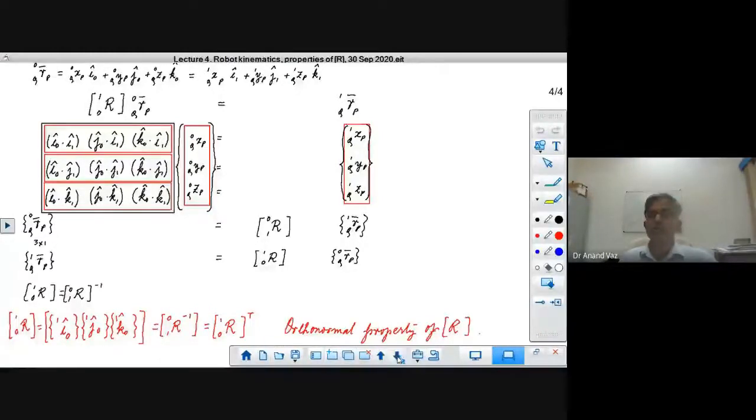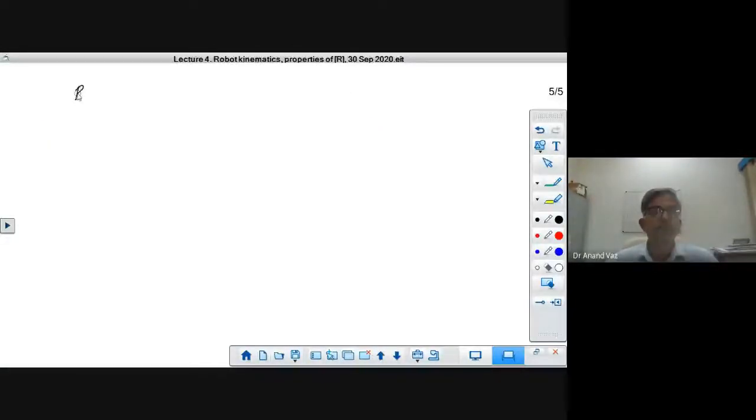So let us have a look at the next R matrix, R1 to 0. It's a square matrix. So usually matrices that are not column or row vectors, we will represent them using square brackets like this. And here it is the unit vector of frame 1 being expressed in terms of the components of frame 0.